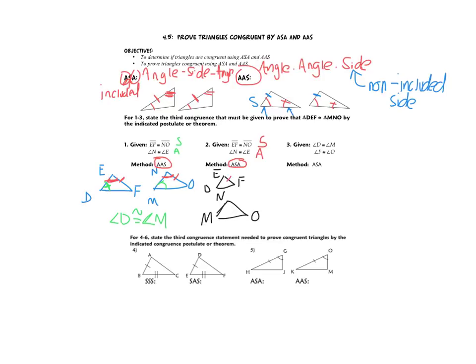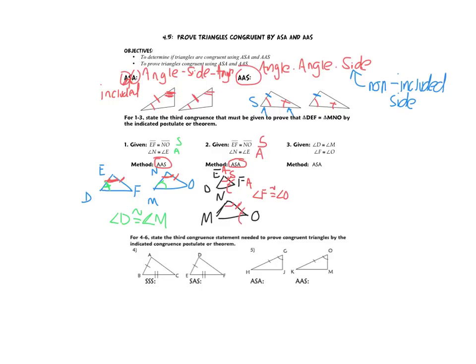So EF is congruent to NO, marked. Angle N is congruent to angle E, marked. Now because it's angle, then a side, it's going to have to be angle F congruent to angle O for that one, right?